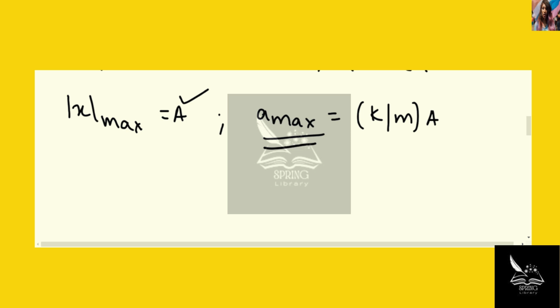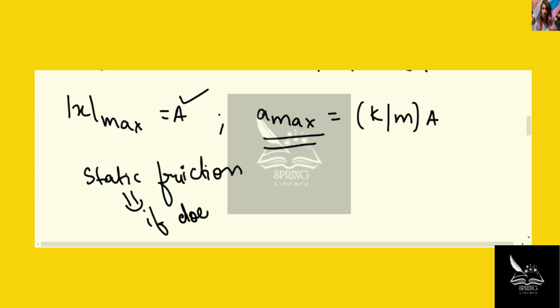Now, if the carrot slice doesn't slip, then the static friction force must be able to give this much acceleration; if it doesn't slip, it should give the maximum acceleration.